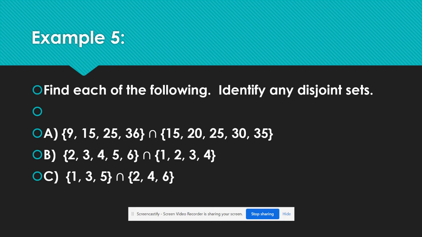All right, examples. Example A. So what's the same between the two sets? I see 15s, I see 25s, and that's it. So their intersection would be 15 and 25.